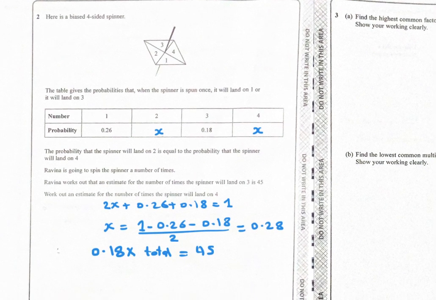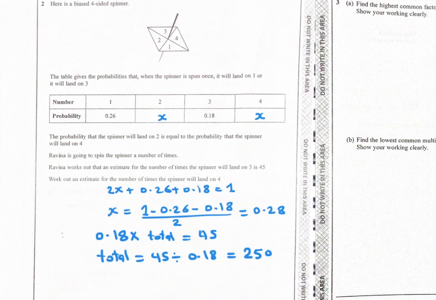To find the total number, 45 divided by 0.18 equals 250 times. Now we can find an estimate for the number of times the spinner will land on 4 by multiplying the probability of 4, which is 0.28, times the total number, which is 250, equals 70 times.